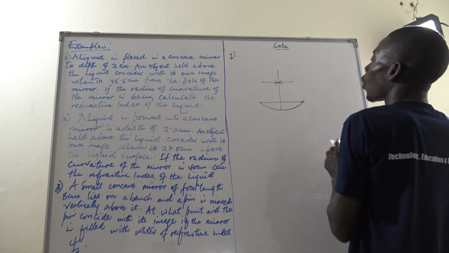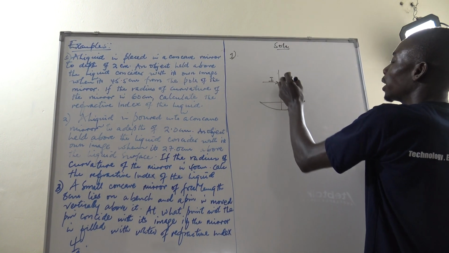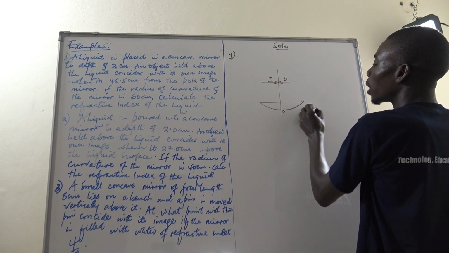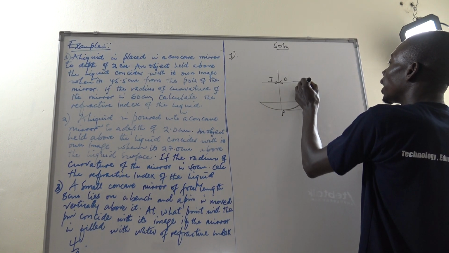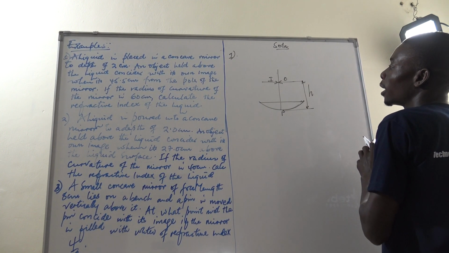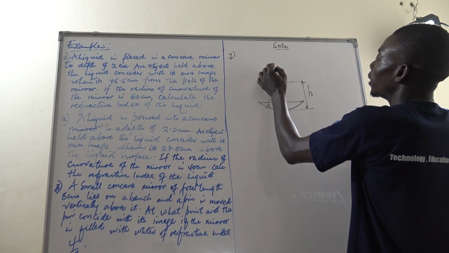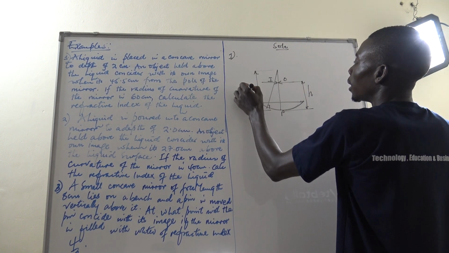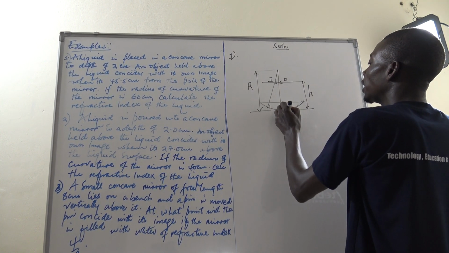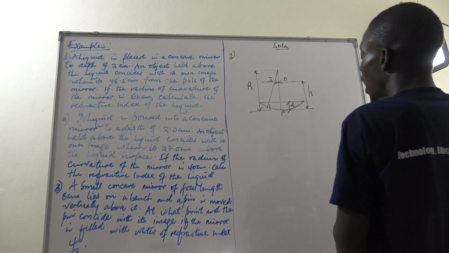The point of coincidence of the image and the object, measured from the pole, is what we are calling H. The radius of curvature is what we are calling R, and D is the depth of the liquid.